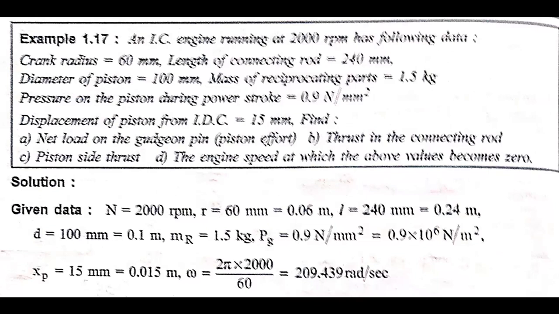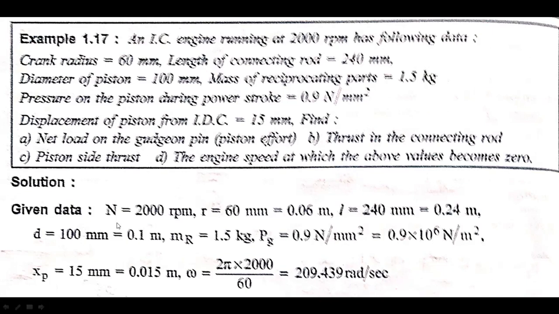The mass of the reciprocating part is 1.5 kg, and the pressure on the piston during power stroke is 0.9 Newton per mm square, and the displacement of piston from IDC is equal to 15 mm. Find the net load on the gudgeon pin, that is piston effort, then thrust in the connecting rod, piston side thrust, and engine speed at which the above values become 0.